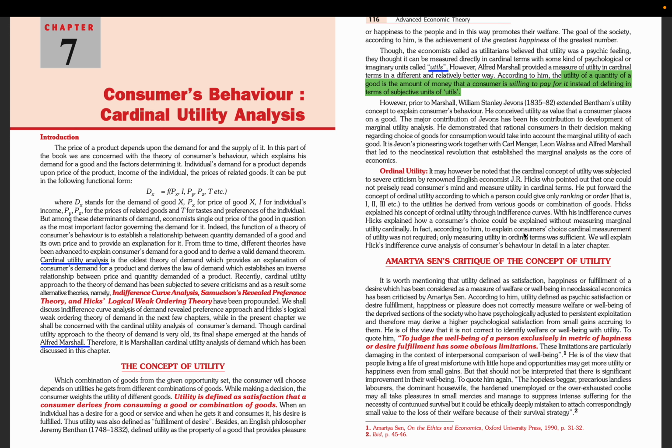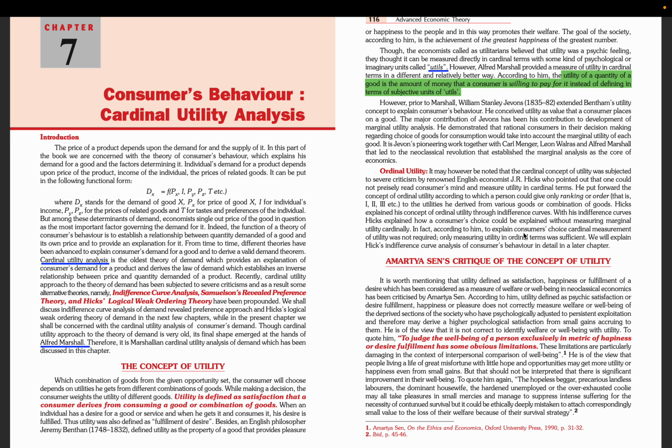However, prior to Marshall, William Stanley Jevons extended Bentham's utility concept to explain consumers' behavior. He conceived utility as value that a consumer places on a good. The major contribution of Jevons has been his contribution to development of marginal utility analysis.